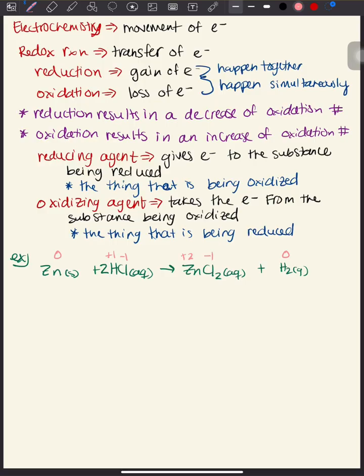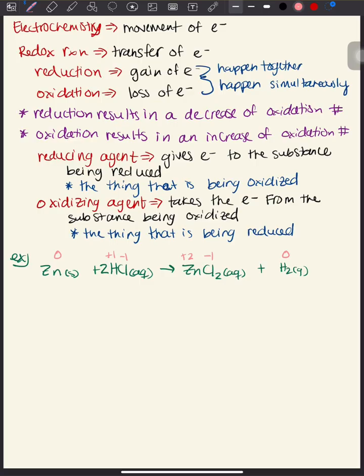Chlorine is also going to be -1 again. Now, if there is a change in oxidation number, then you know this is a redox reaction. So zinc goes from 0 to +2. Hydrogen goes from +1 to 0. Since they're changing oxidation numbers, we know that oxidation and reduction have to be taking place.